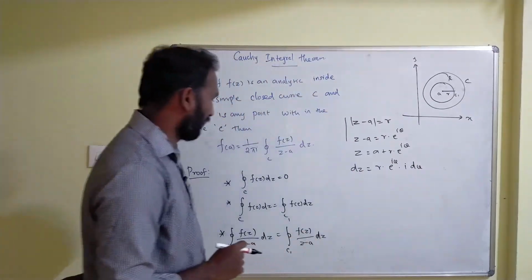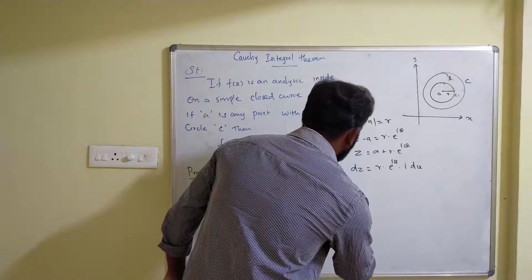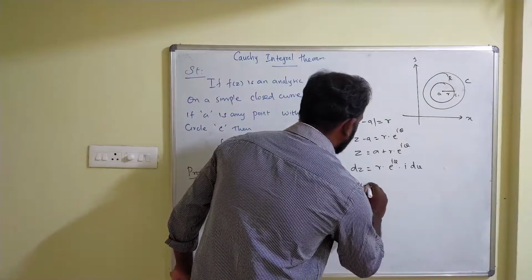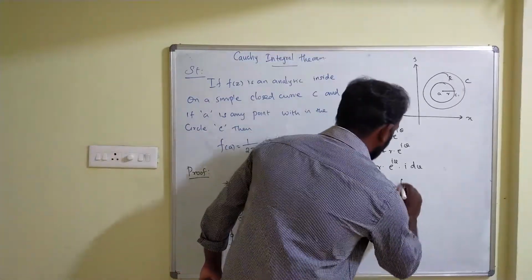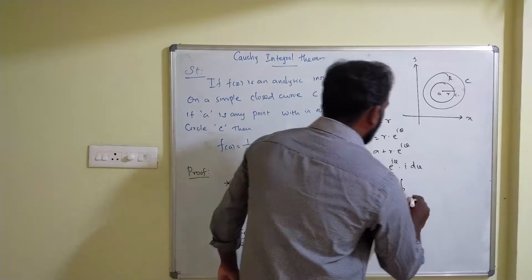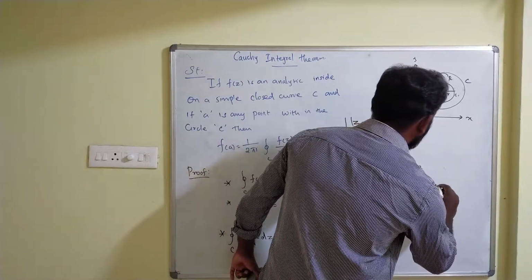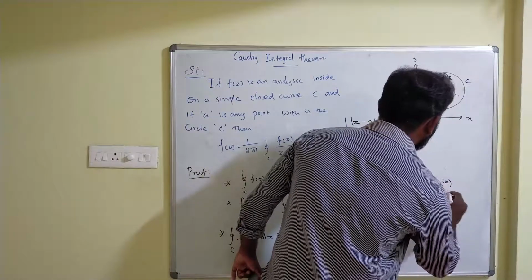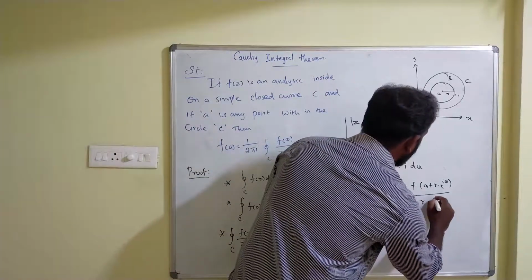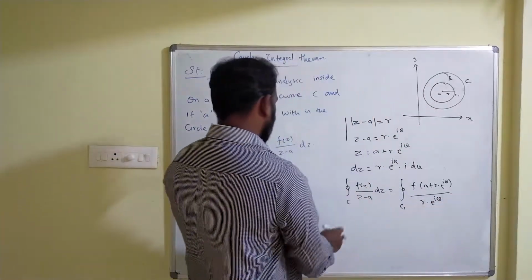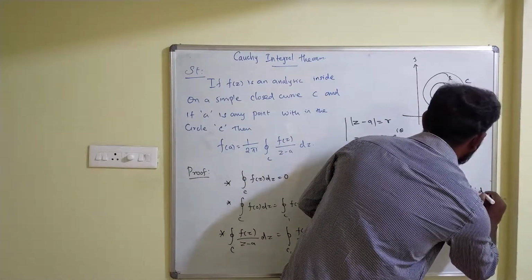Now we have all the values, substitute here. This is only for the circle C1. This will become integral over C of f of z divided by z minus a into dz is equal to integral over C1 of f of, what is the z value here? a plus r into e power i theta, divided by z minus a. So z minus a is equal to r into e power i theta, and dz is r into e power i theta into i into d theta.